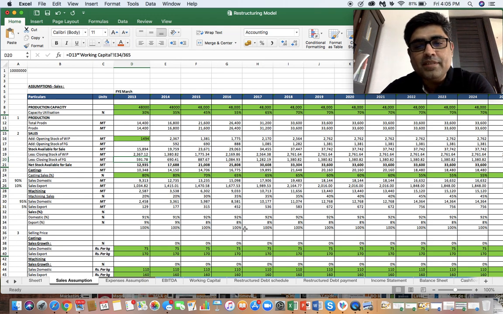But here the objective is to expose those set of people who have never been exposed to a restructuring model, as to how a restructuring model looks like. And I always believe that if you know how the end product is, you still find a way or means to reach that end destination, right? So if you don't know what exactly you are trying to reach, you are always confused, right?